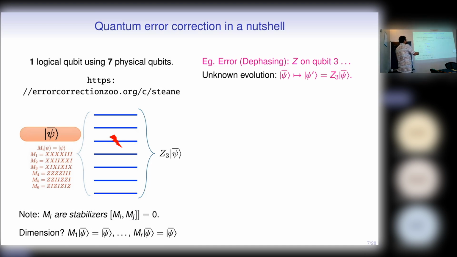Now let's say this is what we know, but this is normally not what an experimentalist would know, that there was a Z phase error on the 3rd qubit. Now, what could possibly be done? We know as an observer that the state has now gone to Z3 times this encoded state.